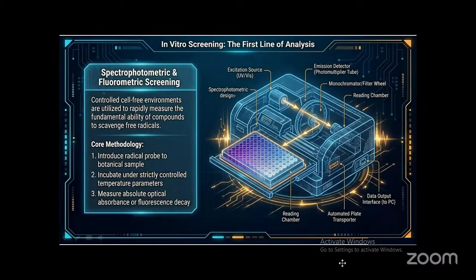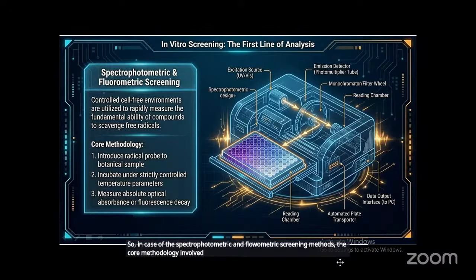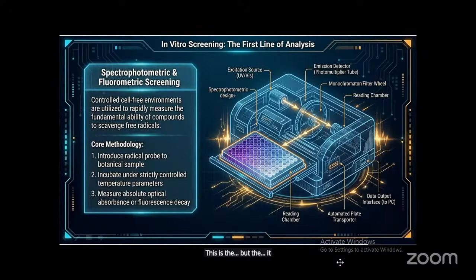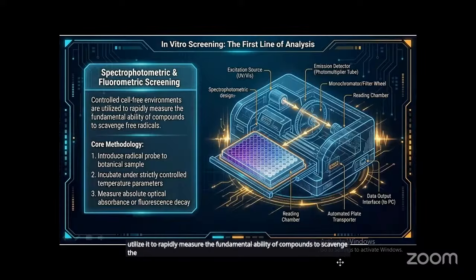In the case of spectrophotometric and fluorometric screening methods, the core methodology involves introducing a radical probe to a botanical sample, incubating under strictly controlled temperature parameters, and measuring absolute optical absorbance or fluorescence decay. This requires a cell-free environment system utilized to rapidly measure the fundamental ability of compounds to scavenge free radicals. I would like to show the various accessories present in the instrumentation.